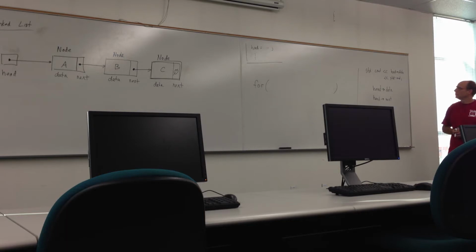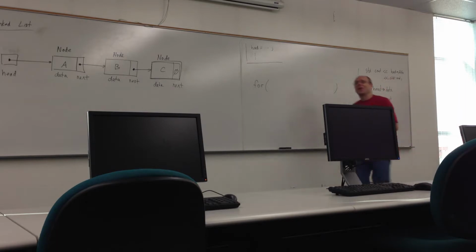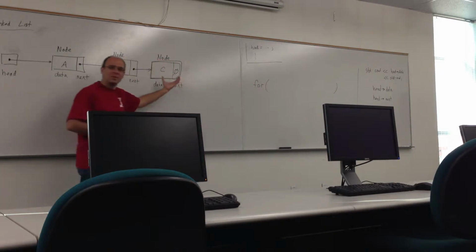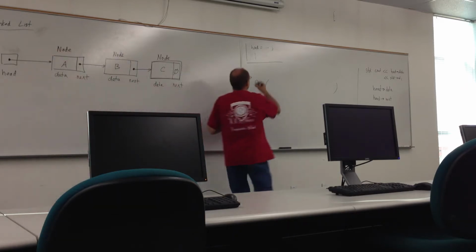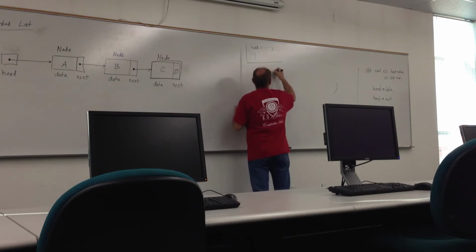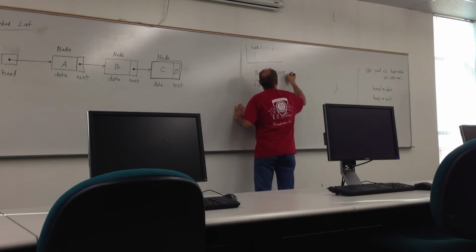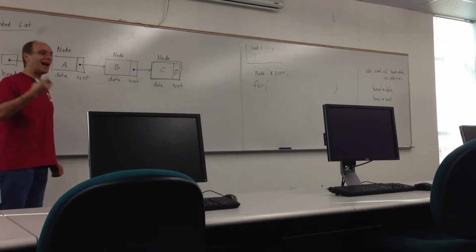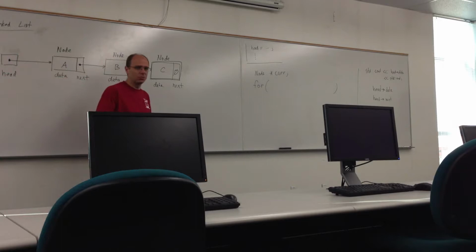So are you able to do a for loop with i not equal to null? The only time we'd stop is when there's a null. As long as next is not equal to null, we want to keep going, right? Right. So do we want a while loop? We can do it either way. So I'm going to do it like this. I'm going to declare a loop variable. Rather than calling it i, I'm calling it cur. That's short for current, the node I'm currently looking at.